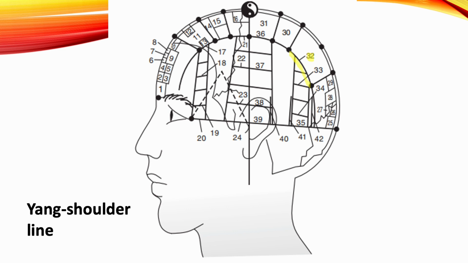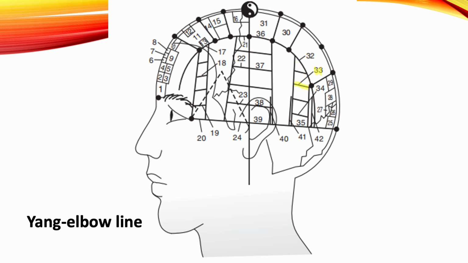Yang shoulder line, number 32. The first line. This is the portion on the anterior posterior side line. Yang elbow line, number 33. The third line between the second and third portions.